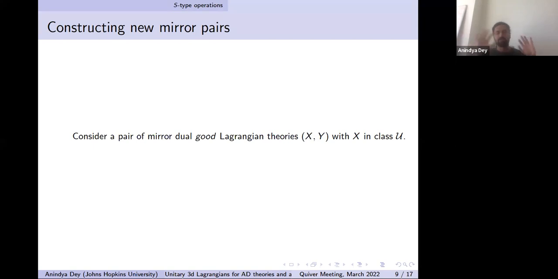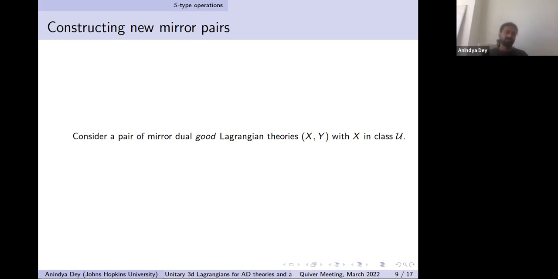Which we know how things map on both sides, and the mirror symmetry is completely understood. Now, if I can generate this more complicated quiver from one of them using these operations, then all I need to figure out is what is the dual of that operation. Okay, and then at the end of it, I'll have a new pair of theories starting from this older pair. So that's the basic idea that we're going after.